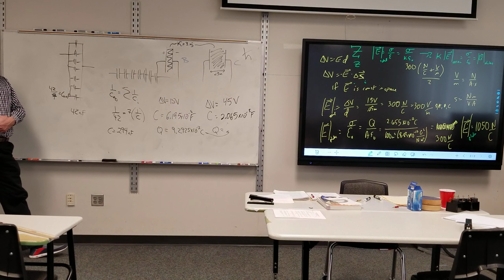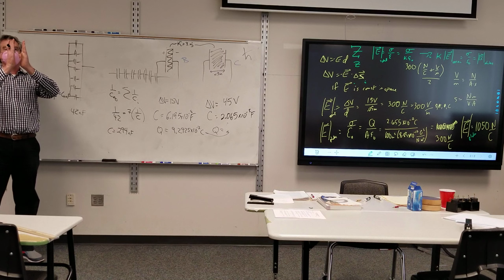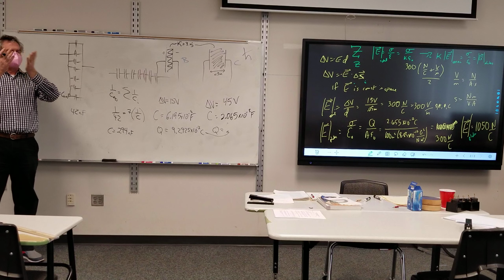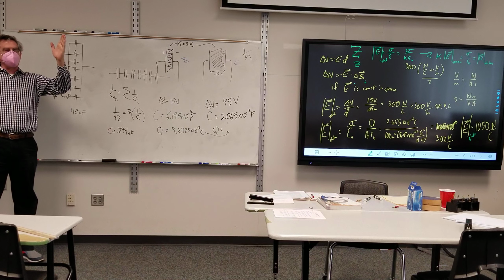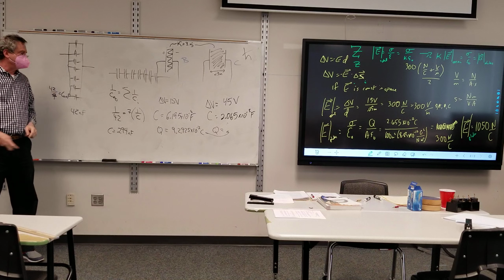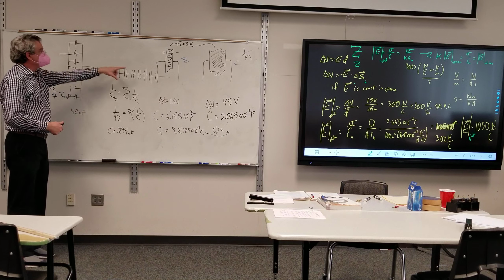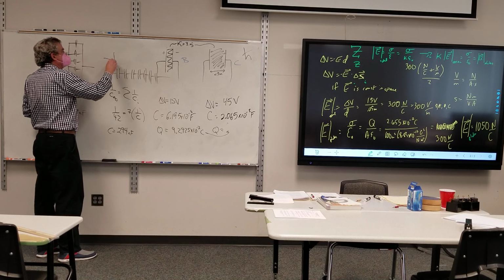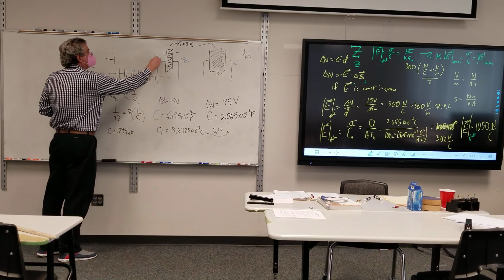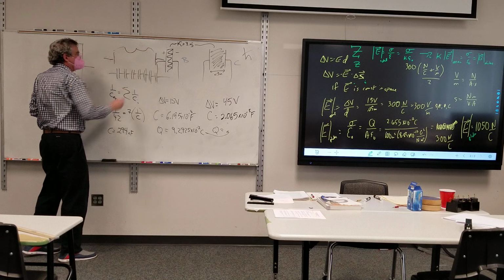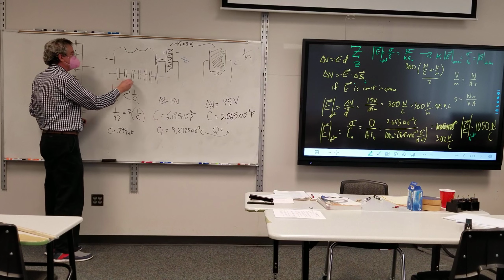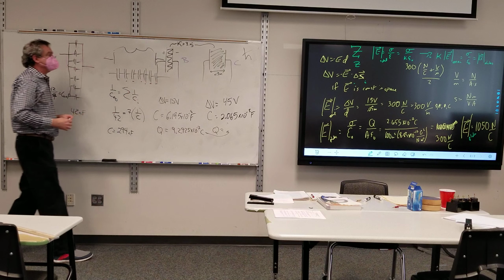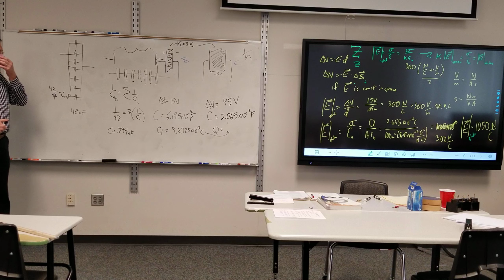Now, another way you could check it: if I've got a capacitor with the plates placed this close, and then I make them farther apart, what happens to the capacitance? It goes down. Yeah. So you could think of this as one big capacitor with a big space in the middle, and the space in the middle is just the sum of all of these spaces right here, assuming all the plates are the same size and so on.